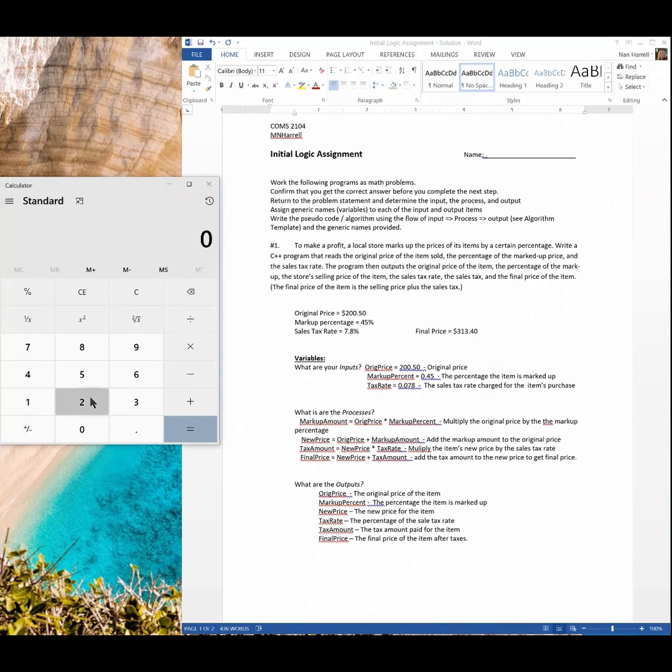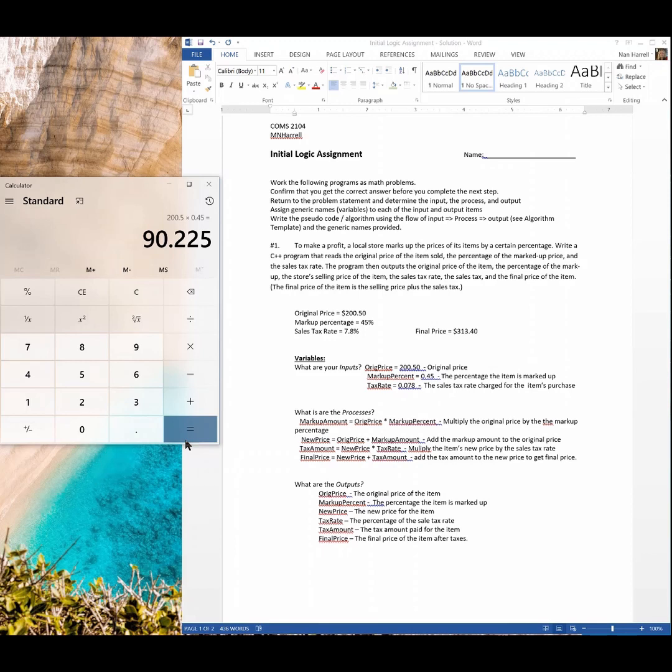So we would do 200.50 times 0.45, and we get 90.225. All right, so now I know that I need to add $90.22 and a half a cent more to the $200.50.